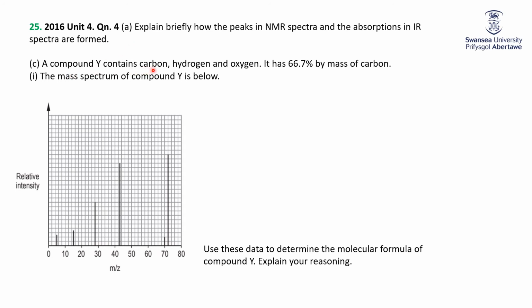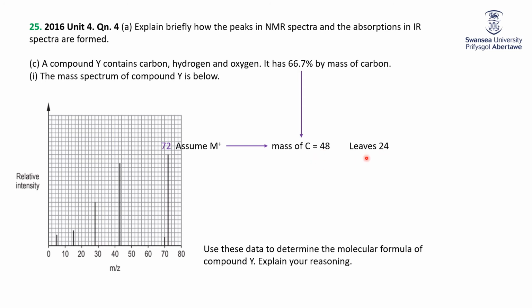So compound Y contains carbon, hydrogen, oxygen, 66.7% by mass carbon. What about the rest? Well, the mass spectrum of Y is shown below. And what you're expected to see is, first of all, a peak at 72 that we're going to assume is the M plus peak. Now, if that's true, the molar mass of the compound is 72. 66.7% of that is carbon, so the mass of carbon is 48.